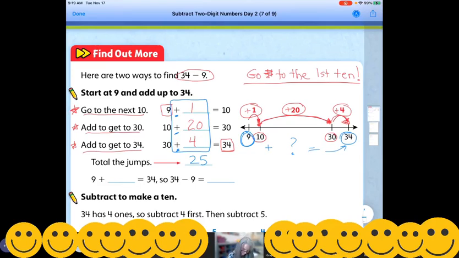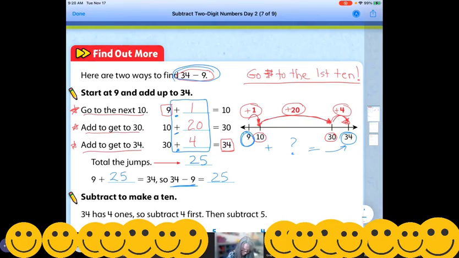Okay, so 9 plus 25 equals 34. And now they're saying, well, if we can do that with addition, then I know that 34 minus 9 also is 25.